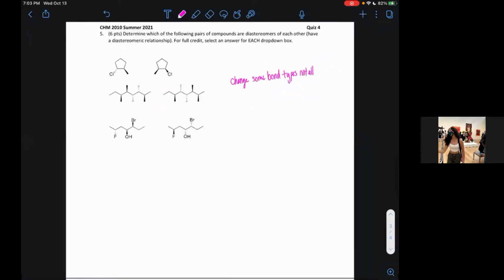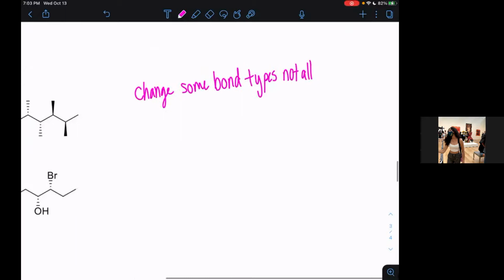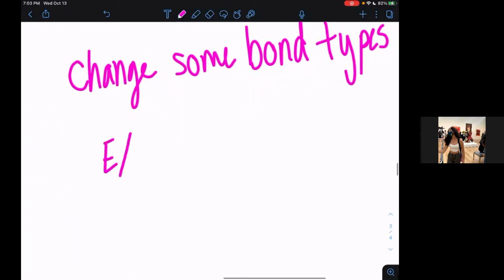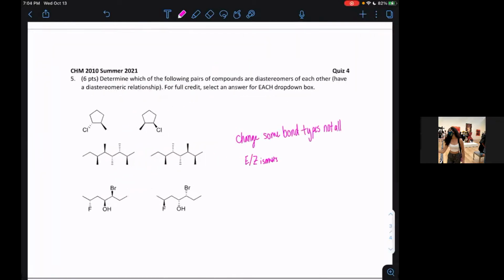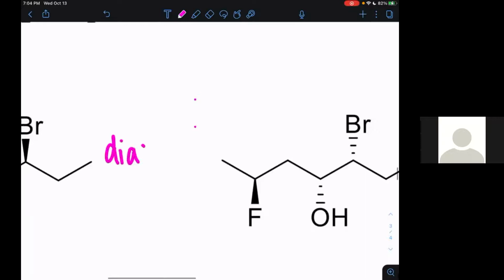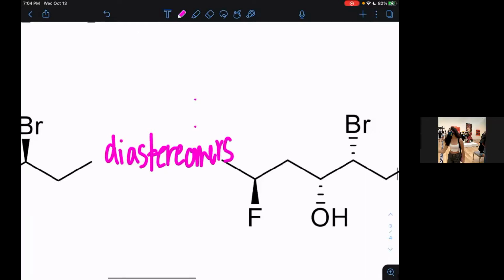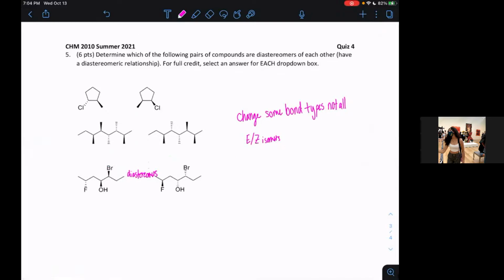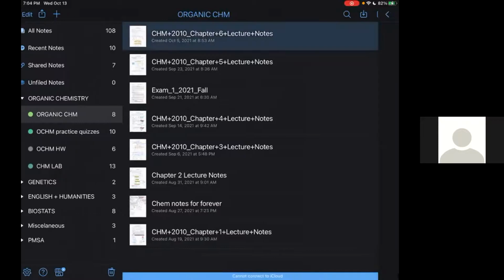Okay, yeah. It also says on the first page that diastereomers are classified as cis-trans and E/Z isomers. Where does it say that? On the first page, beneath the notes, the stereoisomers definition.